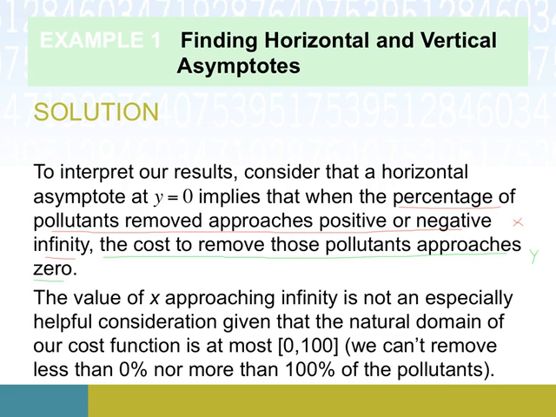So going to negative infinity or positive infinity is not actually a meaningful situation here. So actually, a perfectly valid conclusion for this particular problem is that the horizontal asymptote has no interesting interpretation, because it doesn't make sense for us to go to negative infinity or positive infinity with our inputs.